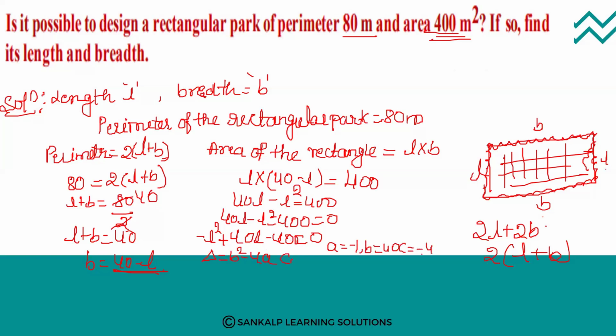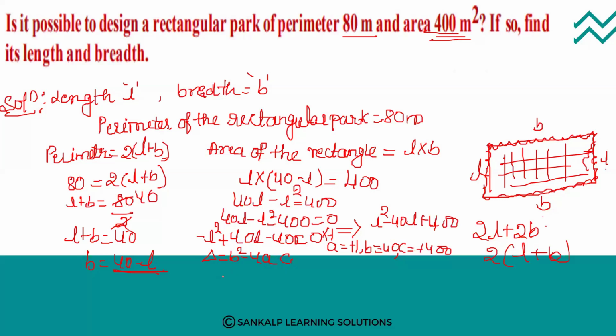First let us make this positive. If you multiply by minus 1, it will be L square minus 40L plus 400. A value will be plus 1, B value will be minus 40 and C value will be plus 400.